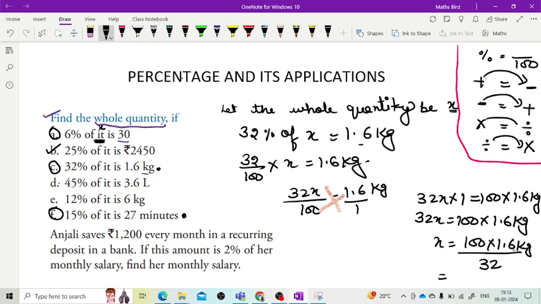Now you will multiply it. 100 multiplied by 1.6. See how many 0s are there? 2. So simply we will write 16 and two 0s. Before, how many digits of decimal are there? Before, 1 digit of decimal is there. So before 1 digit we will put the decimal. So it is 160.0 kg upon 32.